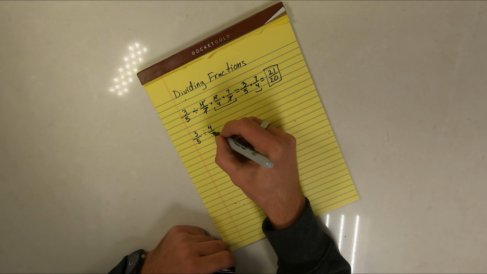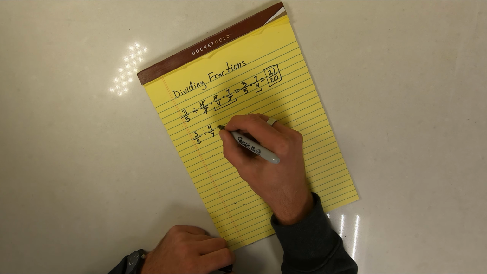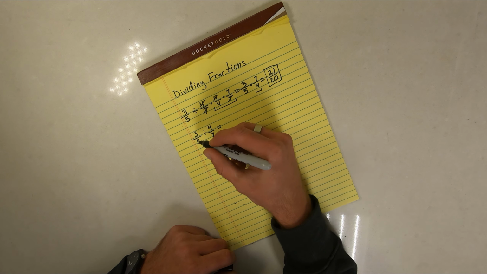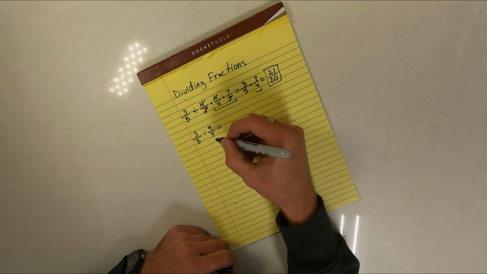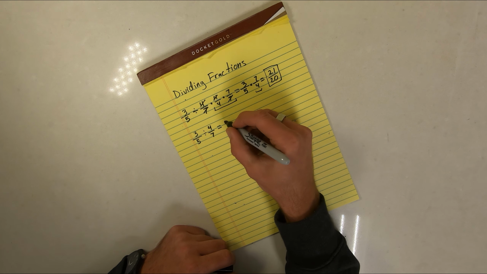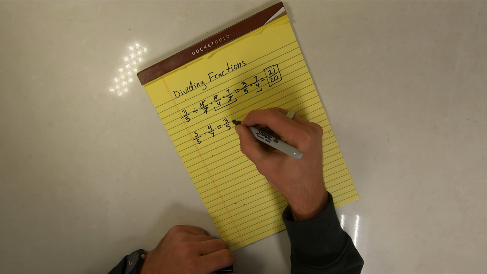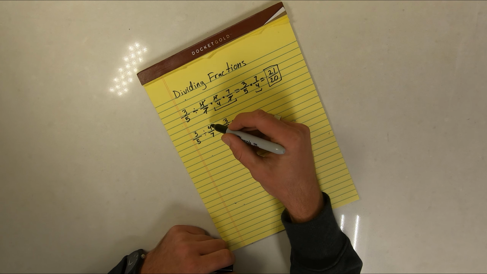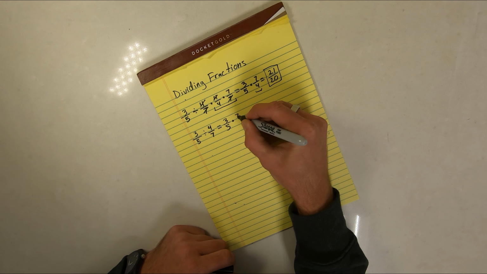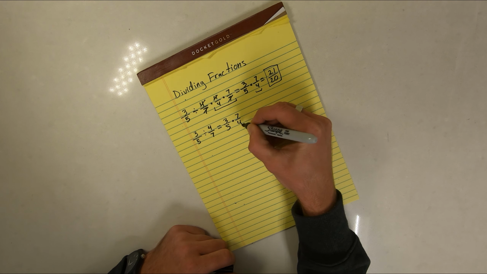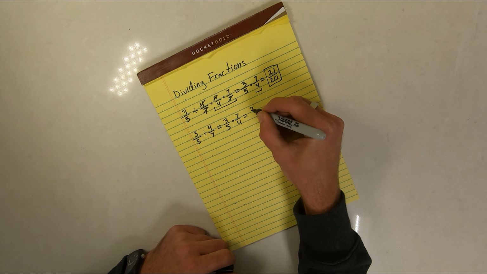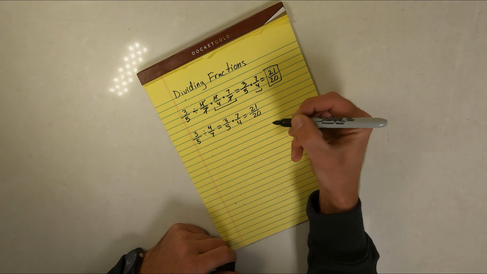So we had 4/7, then we flip this over and then multiply. So 3/5, then multiply, we flip the 7 on top and put the 4 on the bottom. It's called the reciprocal. And then we multiply to get 21 20ths.